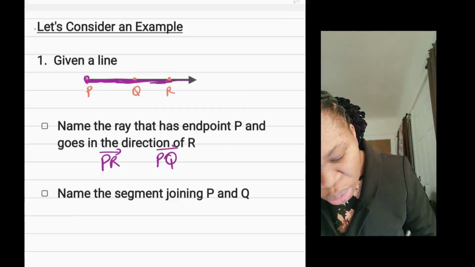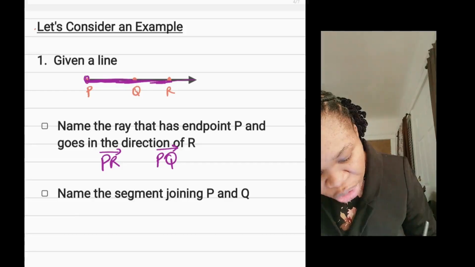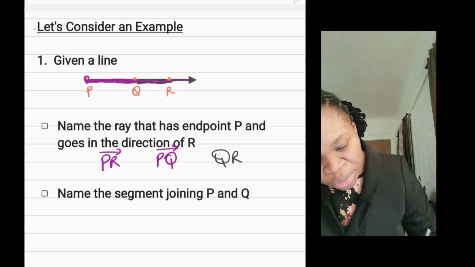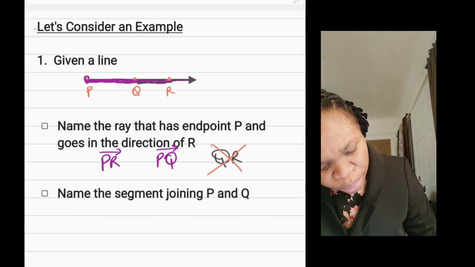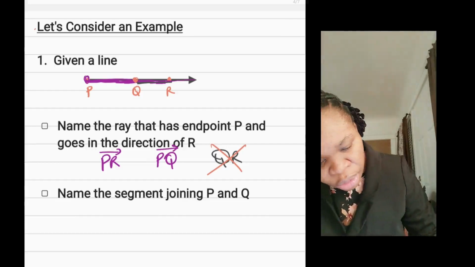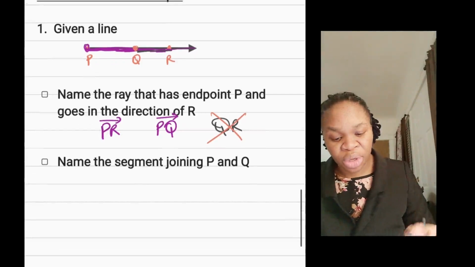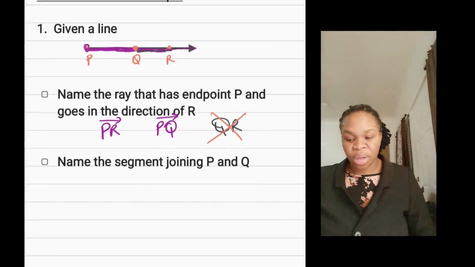Then I have the next one to go from P to Q, that is PQ. So do we have QR? No, because Q is not an endpoint. So my rays are just two, PR and PQ.